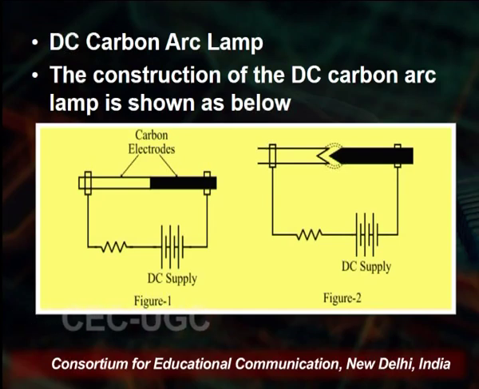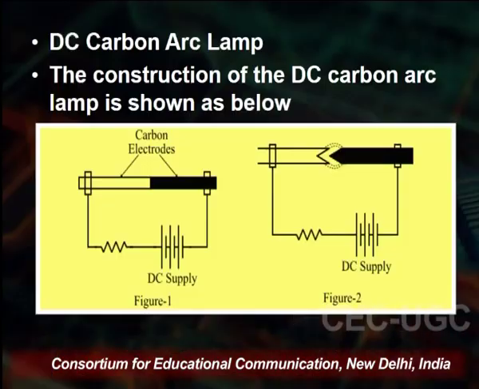First these 2 electrodes are touched, then a 2 mm or 3 mm gap is given between them, and consequently the arc is created in this gap, and white light is produced. In this type of arc lamp, the transfer of carbon particles from one electrode to the other maintains the arc in the gap.